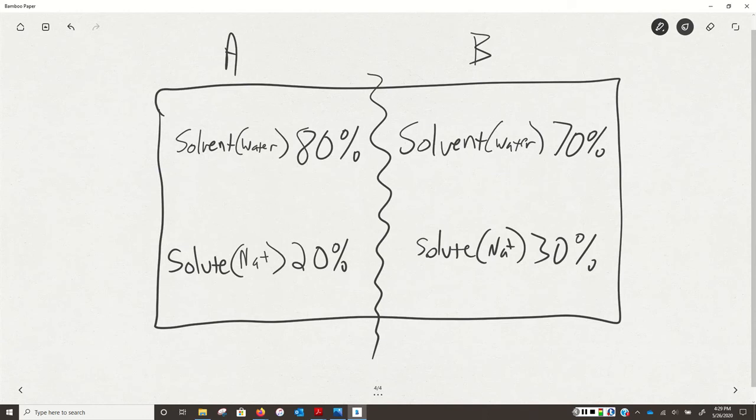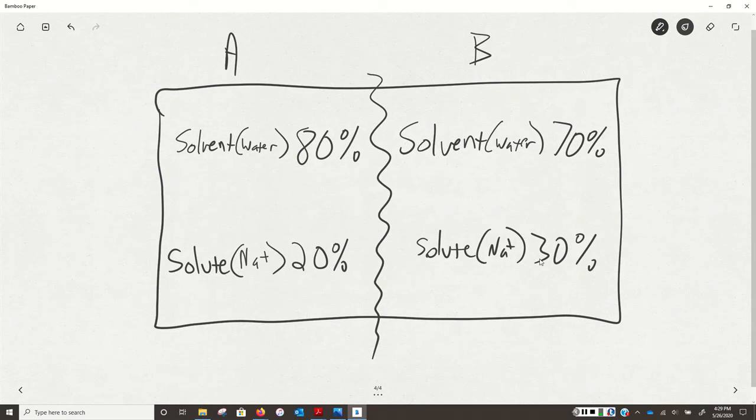Once we've defined our solutions, we can start applying some more technical names. We can start talking about something called tonicity. Tonicity is a way of comparing two solutions to each other. Now, what we do when we're comparing two solutions to each other is look at the solute. Over here in solution A, I have 20% solute.